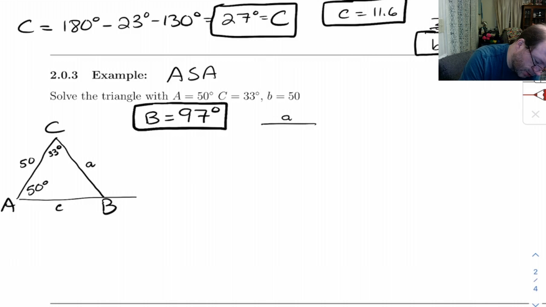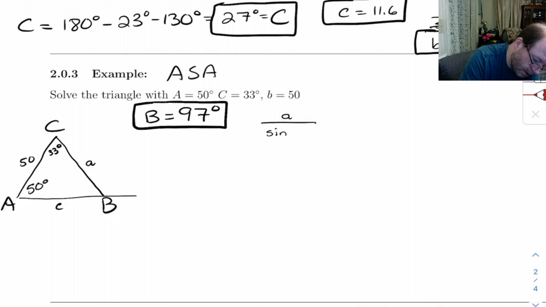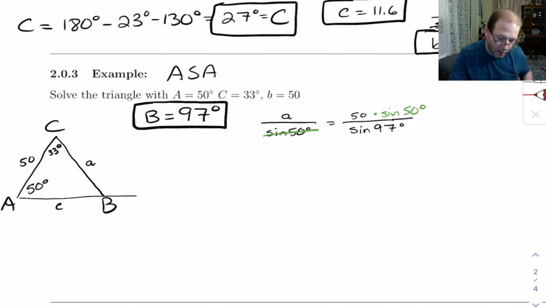Let's see, a over sine A equals b, 50, over sine B. I'm going to multiply both sides of this by sine 50 and get 50 sine 50 over sine 97. Yeah, 38.6 when I round.